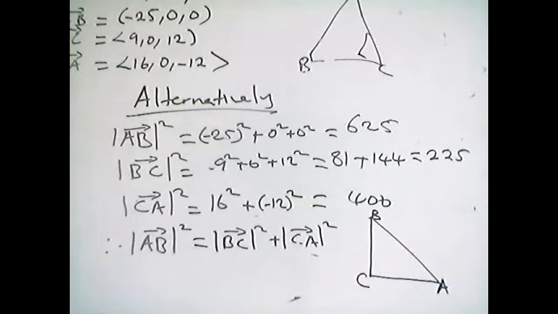The next part requires us to find the perimeter of that triangle. So now it's going back in here. Let me just write the answers on top because I'll need them sometime.